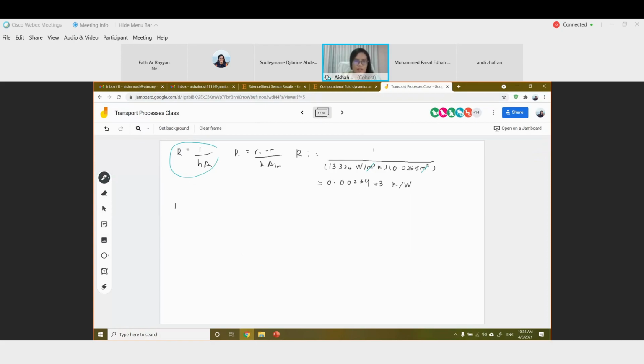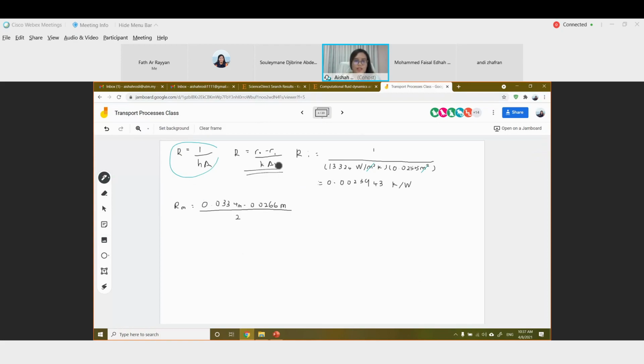For the second, the resistance for conduction, we use this formula, R0 minus R1. Because 0.0334 meters and 0.0266 meters are actually diameters, we need to get the radius, because R is radius, right? So we need to divide by 2.